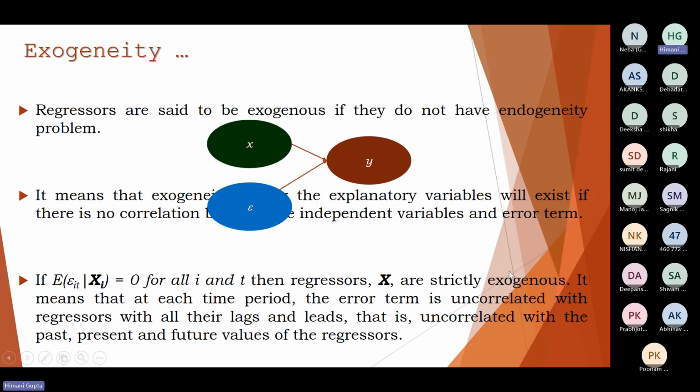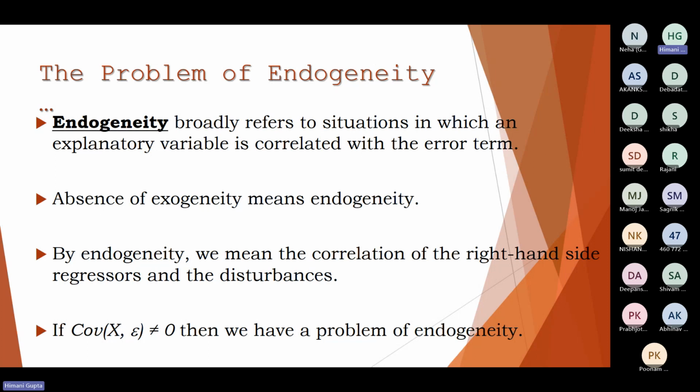So what we learned over here in exogeneity is that X is related to Y and E is also related to Y. Now, the problem of endogeneity is that endogeneity refers to a situation in which an explanatory variable is correlated with the error term. Whenever any explanatory variable is related to the error term, we name it endogeneity.